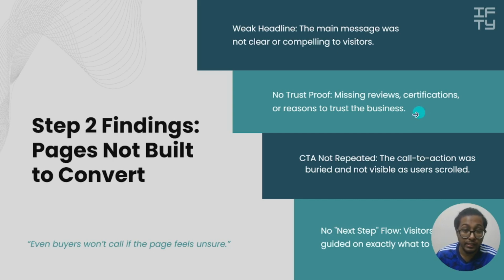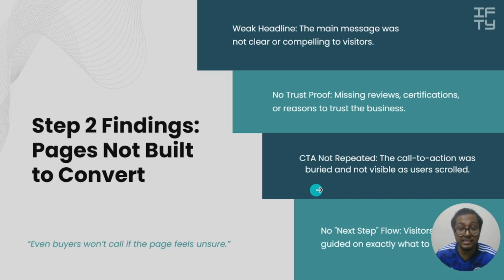The next finding is pages not built to convert. Even the service pages themselves weren't built to convert. Four problems stood out immediately. Number 1 is a weak headline. It did not clearly say what they do or why you should choose them. Next is no trust proof. No reviews, no certifications, no social proof near the action button.